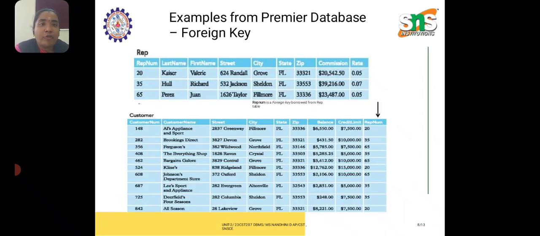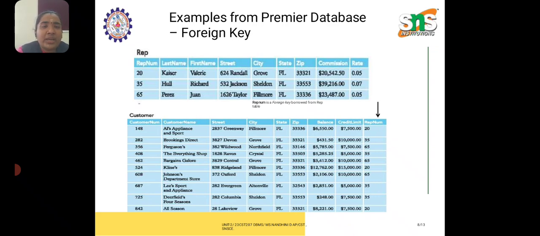For an example of a foreign key, there are two different tables. One table consists of rep number, last name, first name, street, city, state, zip, commission and rate. We are going to find a relation between these two tables.